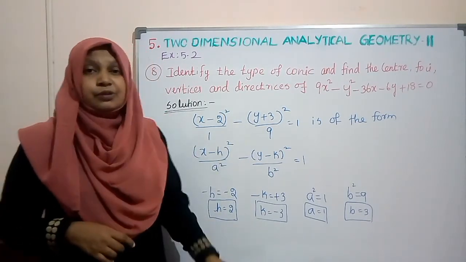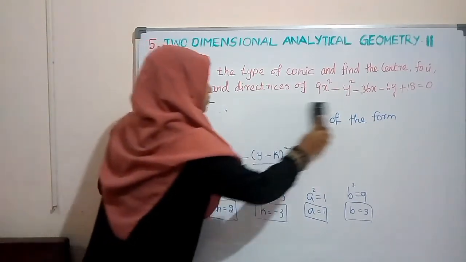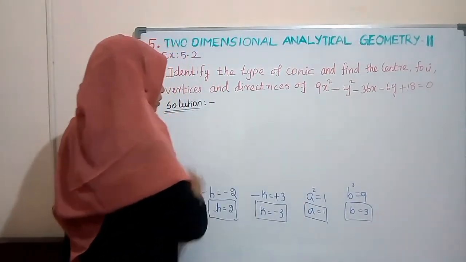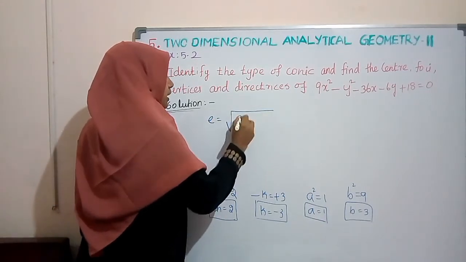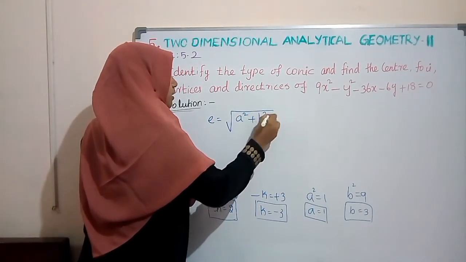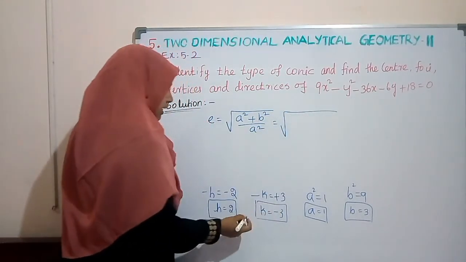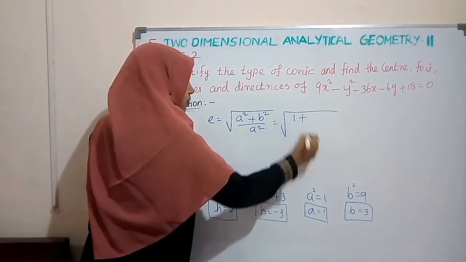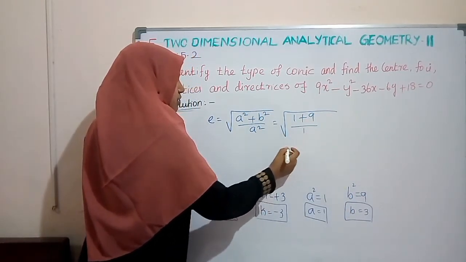With these values we can find the eccentricity first. How will you find the eccentricity? e is equal to square root of (a² + b²) by a². So it is equal to, what is your a² value? 1, plus b² is 9, divided by a², once again it is 1 only.